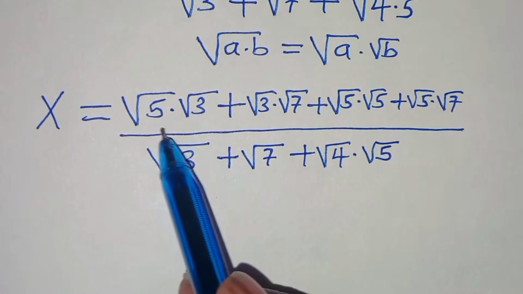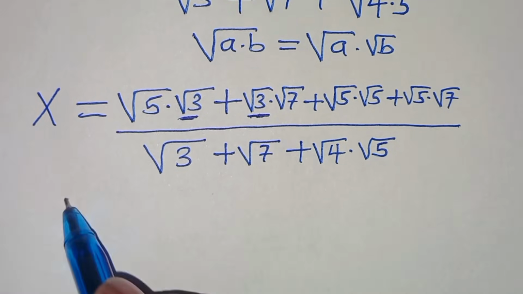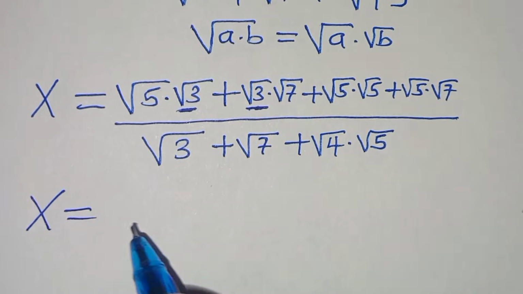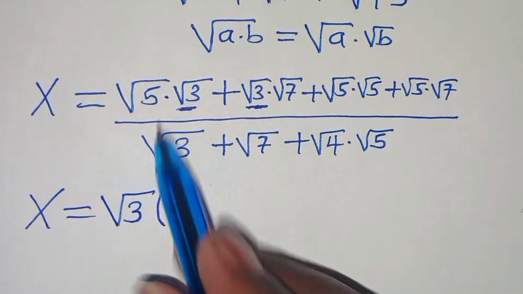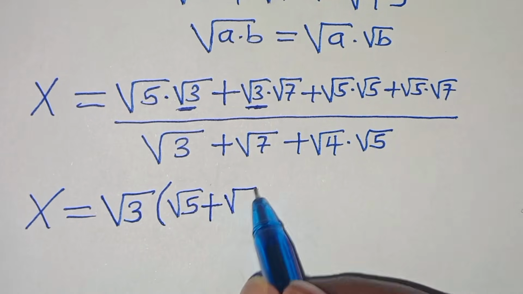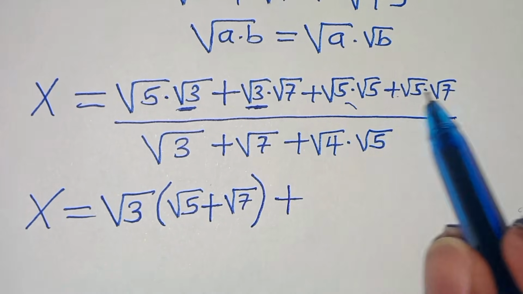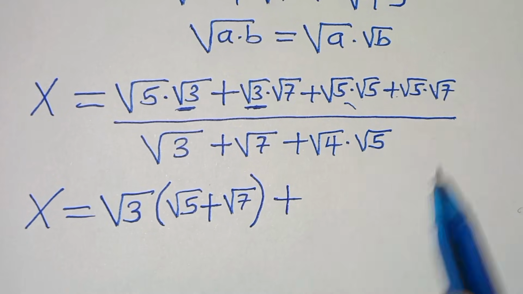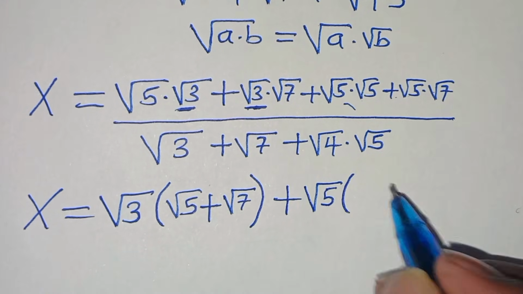Now, we have that square root of 3 is common here, so we can factor out square root of 3. So we have square root of 3 into the parentheses. This is square root of 5 plus square root of 7, then plus, in the second part here, square root of 5 is common, so we can factor out square root of 5 into the parentheses.